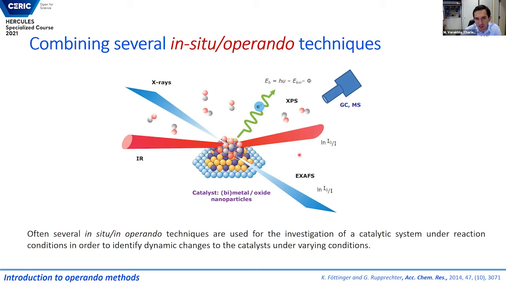So in this case, you might use many methods. You can also have, as I said, mass spectrometry just to detect the products, and then you can say that this is operando, in situ operando. People use these words in quite different ways, and sometimes they don't resolve what the difference is between these two terms.